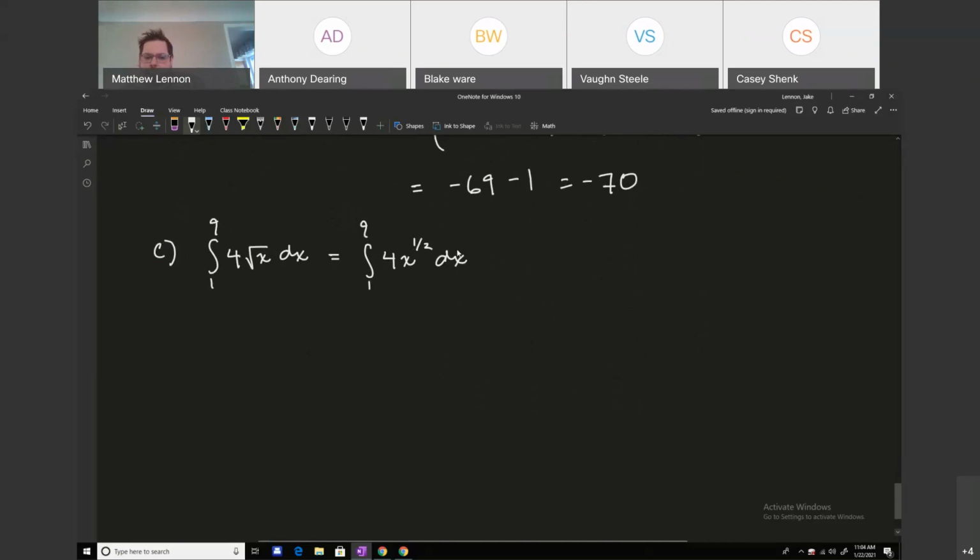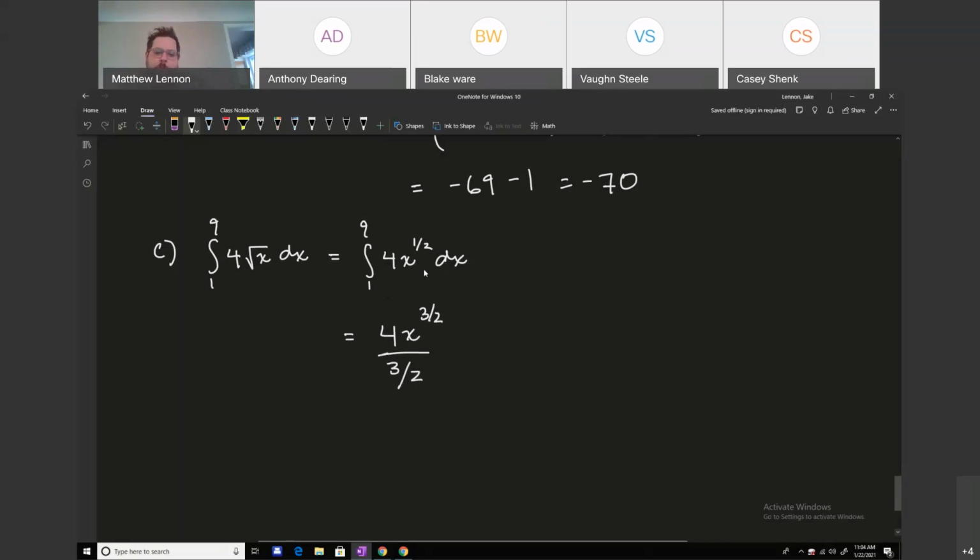So when you write this to the 1/2, we're using the polynomial and power function rule. So we're just going to add 1 to 1/2 and then divide by that number. So when you add 1 to the exponent, 1/2 plus 1 is going to be 3 over 2. So this will be 4x to the 3 over 2 divided by 3 over 2.